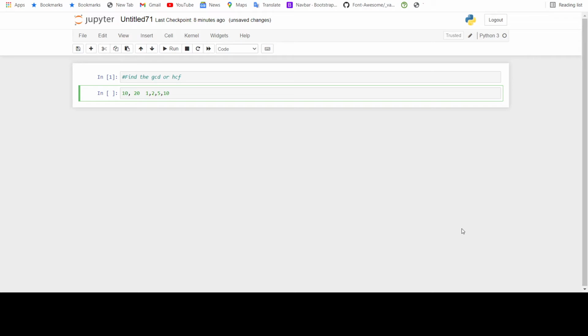But what is the greatest common divisor? Common means these two numbers must be divided by the same number, but it should be the greatest, the highest. Here the highest number is 10, so it is the greatest common divisor.